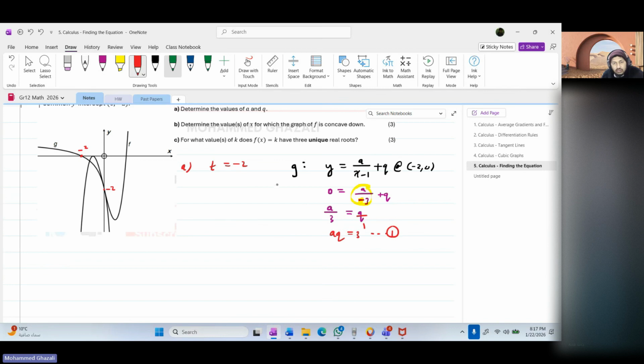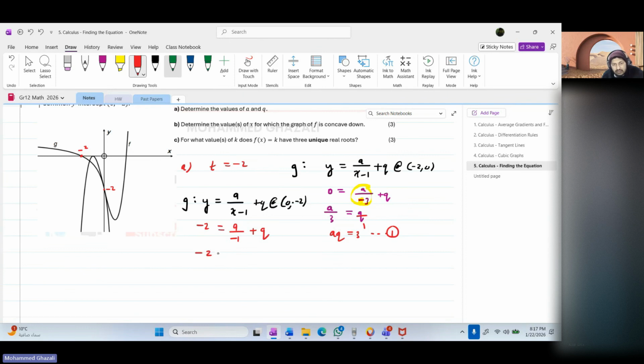Now what's equation 2? I need to substitute the y-intercept now, 0 and -2. G is also y equals a over x minus 1 plus q at 0 and -2. I guess this is a basic function question in grade 11. Substitute -2 for y, x value is 0, so a over -1 plus q.